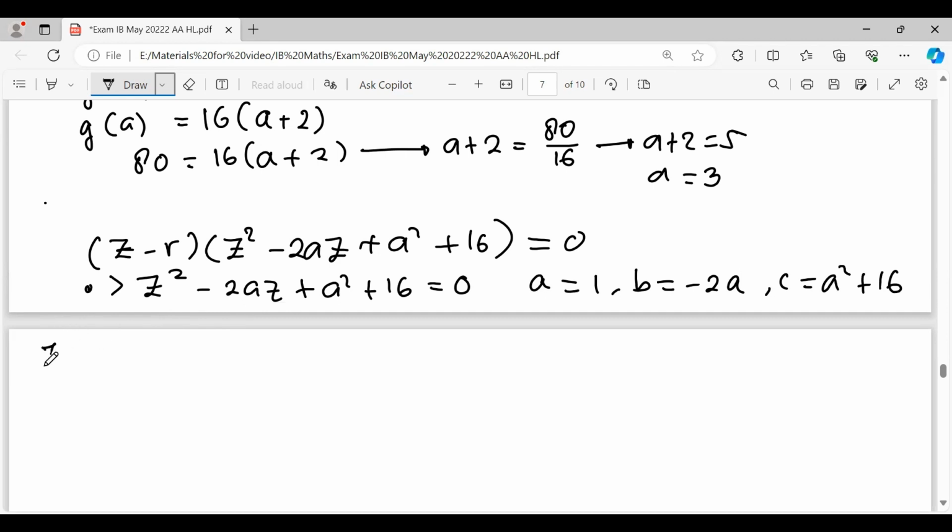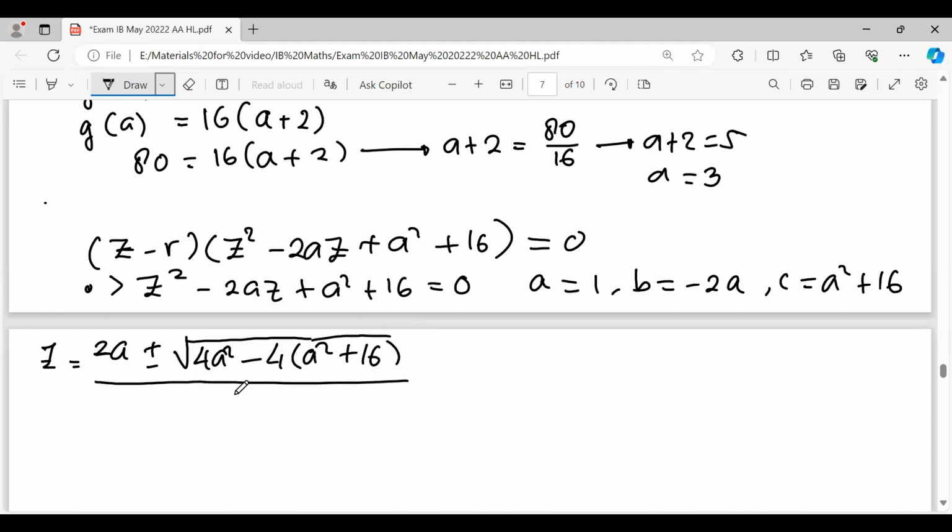So the roots z equals minus, oh, minus minus 2a, I mean plus, becomes plus 2a, and then plus minus the square root of 4a squared minus 4 times 1 times a squared plus 16, over 2 times 1.